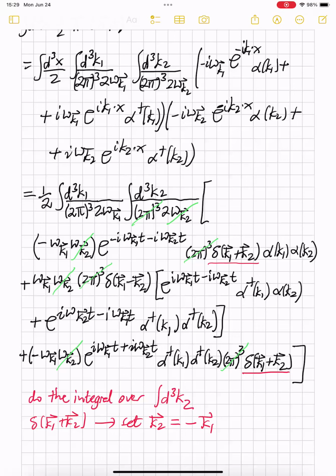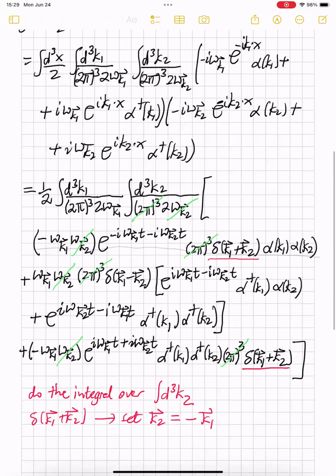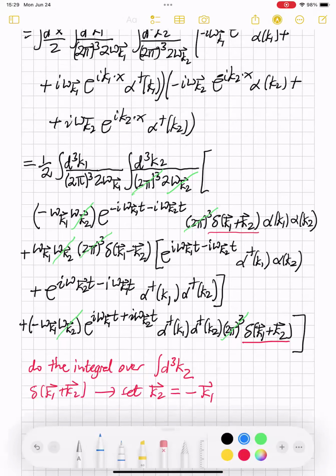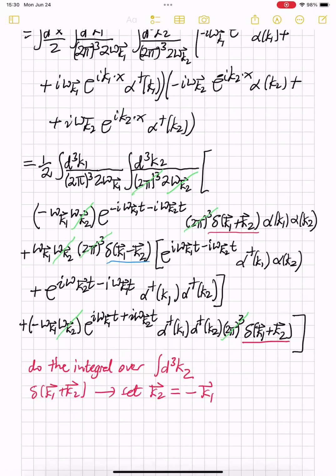So when K1 plus K2 is 0, which means K2 is minus K1. And for this middle term, the delta of K1 minus K2, this will set K2 equal to K1.